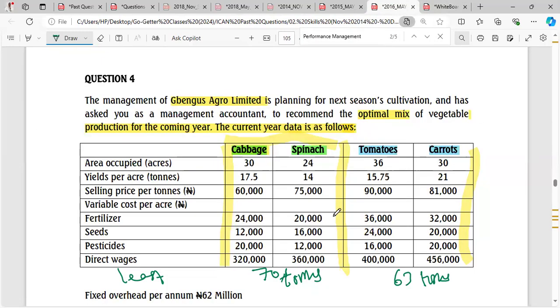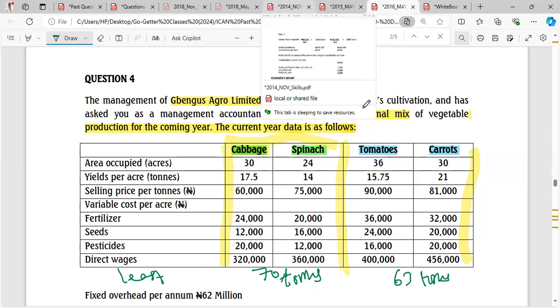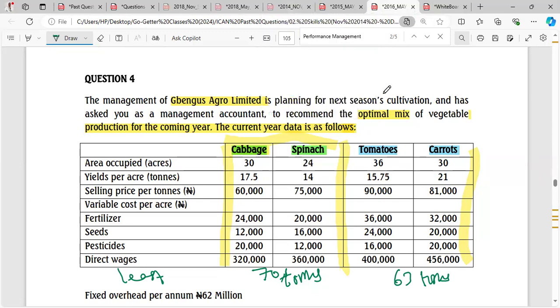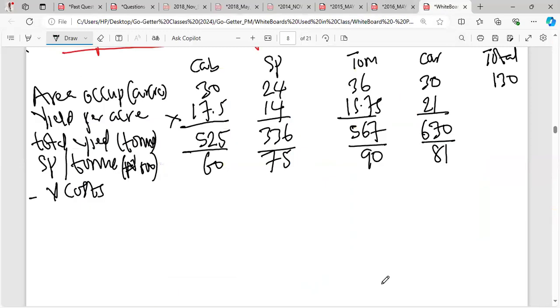I now have fertilizer: 24, 20, 36, and 32.